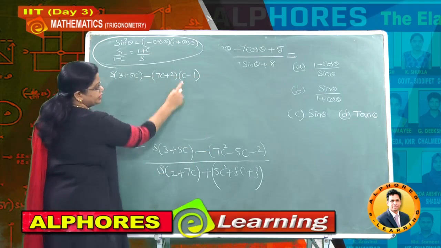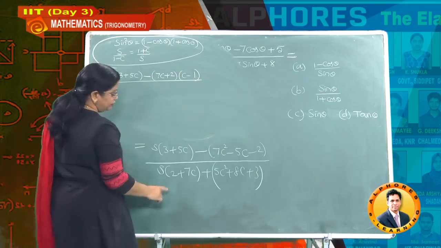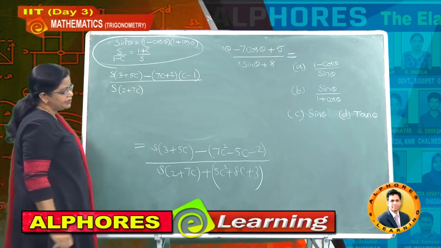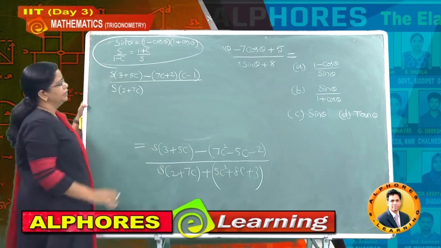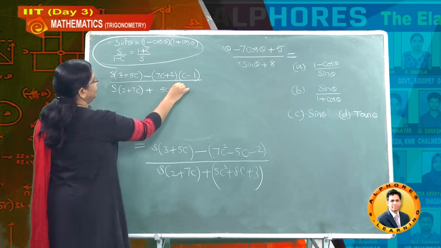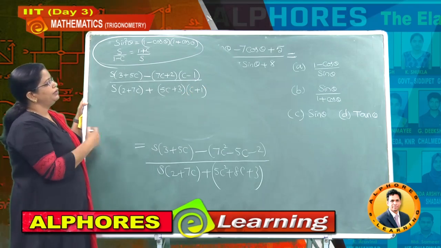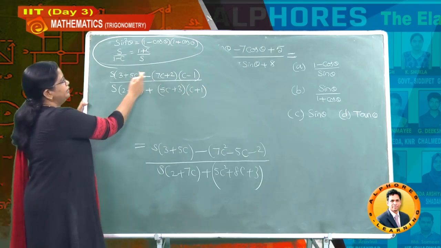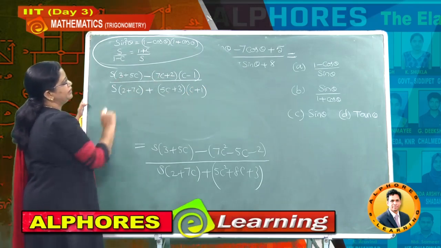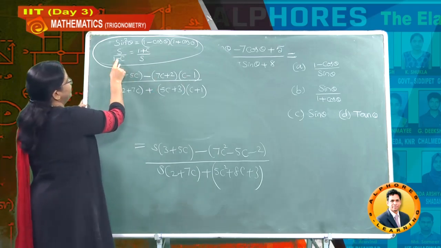Divided by the denominator, it is sin into 2 plus 7 cos, and next here again I am taking factors, that is plus 5 cos plus 3 into cos plus 1. So these values we got. Somehow you have to eliminate these types of terms. You observe 7 cos plus 2 here, 3 plus 5 cos here, all are the same. Then I substitute this value here.